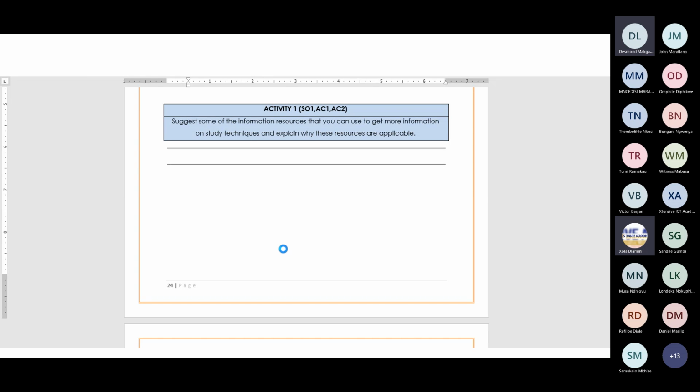Okay. In your area where you live, what sort of information resources do you have? Library. You guys have libraries there? Yes. Why do you say library is a learning resource?